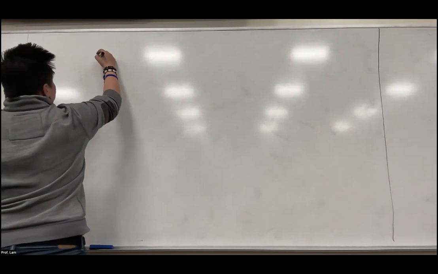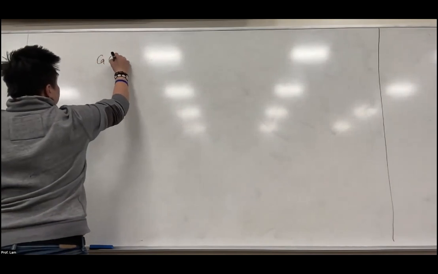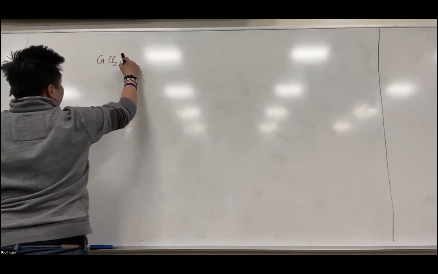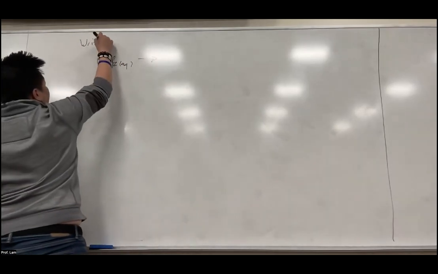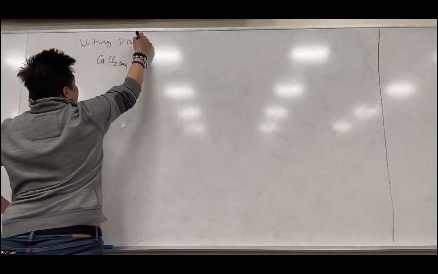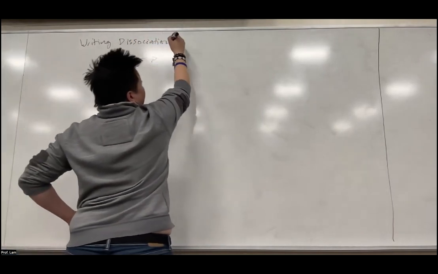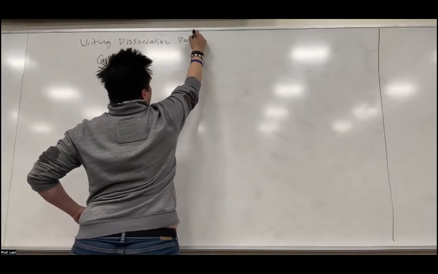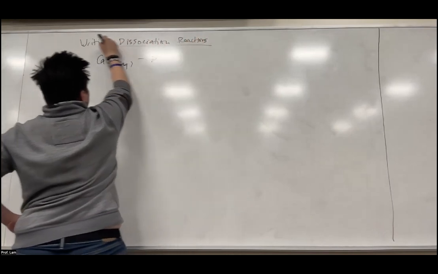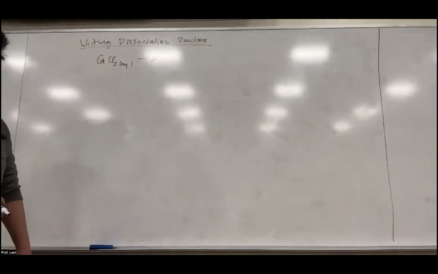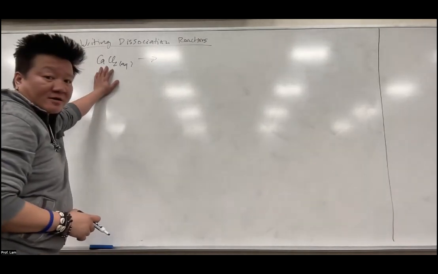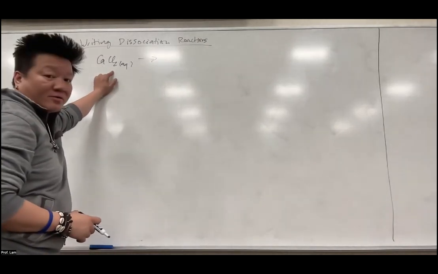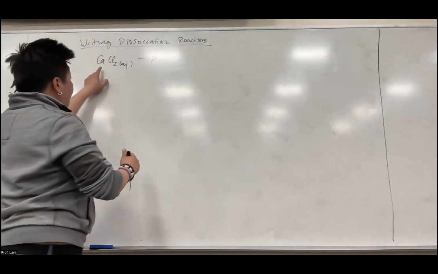Okay, what if I have CaCl2 aqueous? We look at it, and it looks like an ionic compound. Why? Because you've got a metal and a non-metal. So now just split it up.